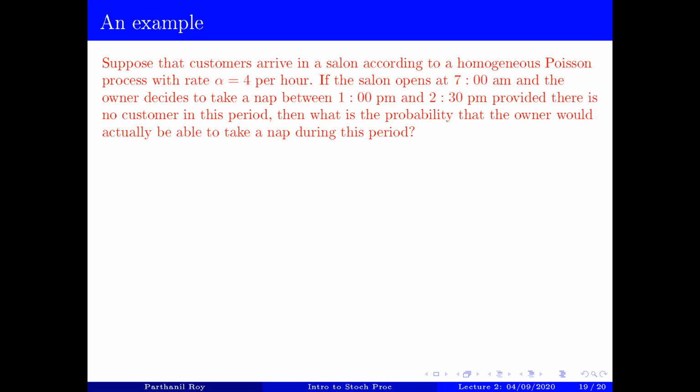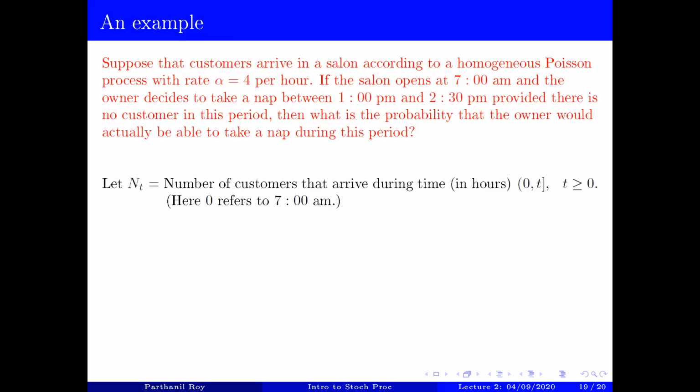So let's first try to write them in terms of the notation that we have been using so far. Let N(t) be the number of customers that arrive during time 0 to t. Now the time here would be in hours because the rate is given as 4 per hour. So the time unit is already specified in the rate.